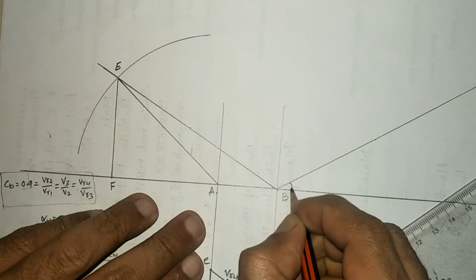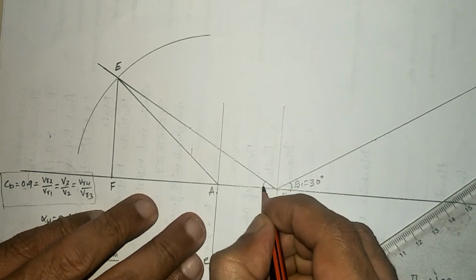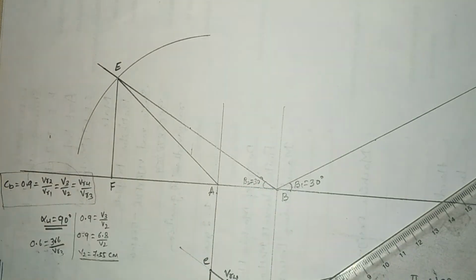So this angle beta 1 is equal to 30 degrees and beta 2 is equal to 30 degrees. Okay, so we have drawn it now.